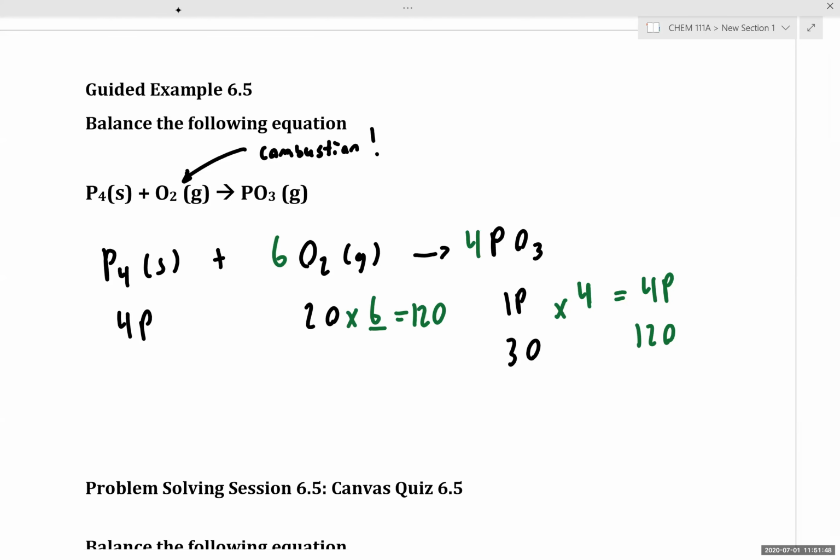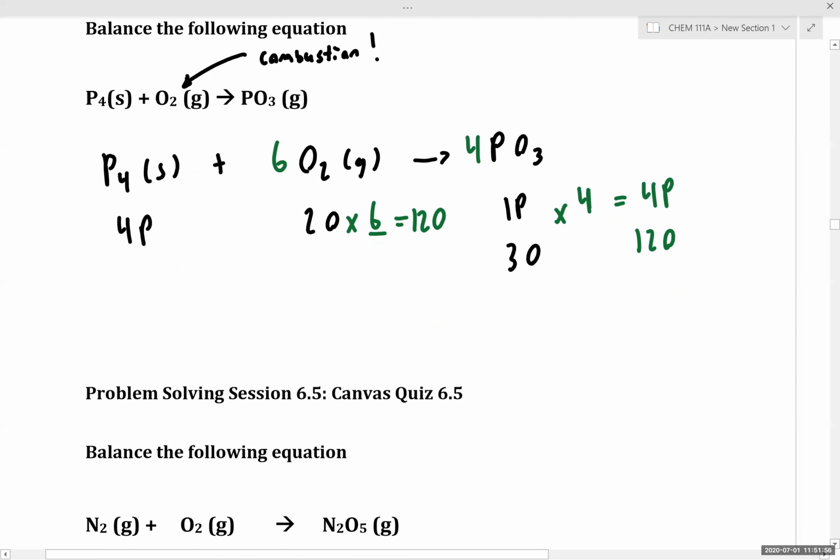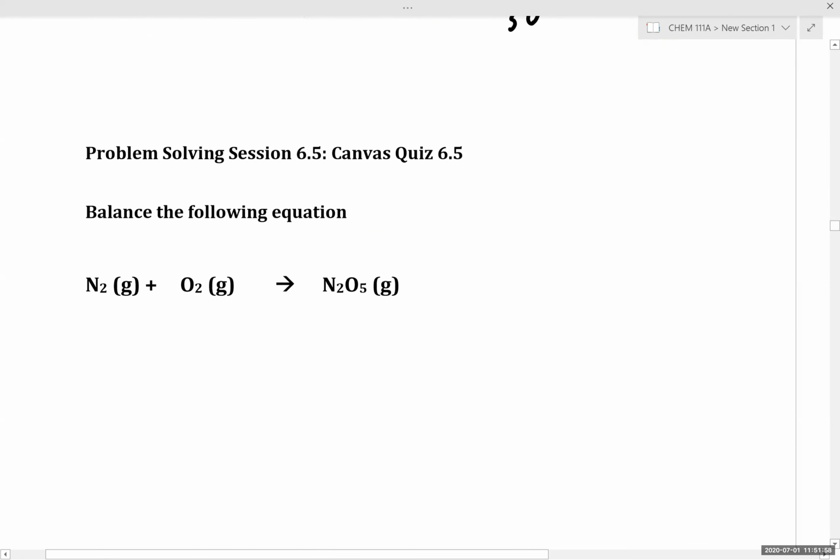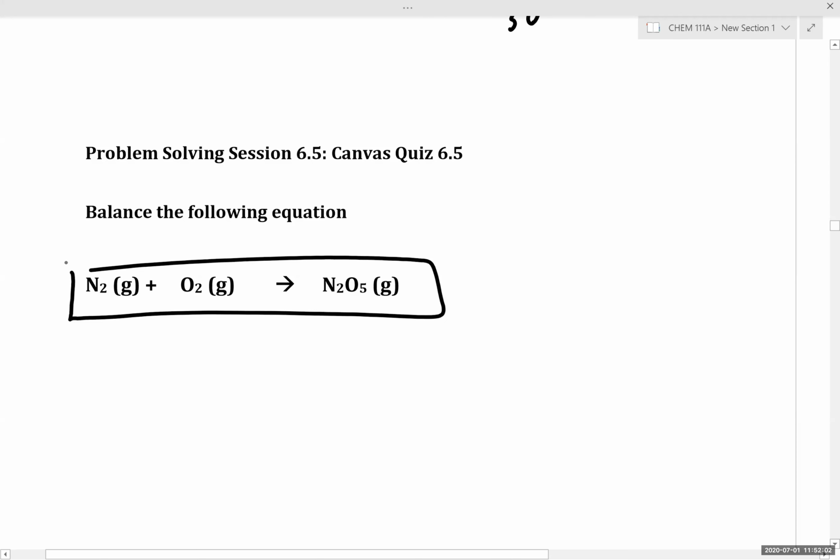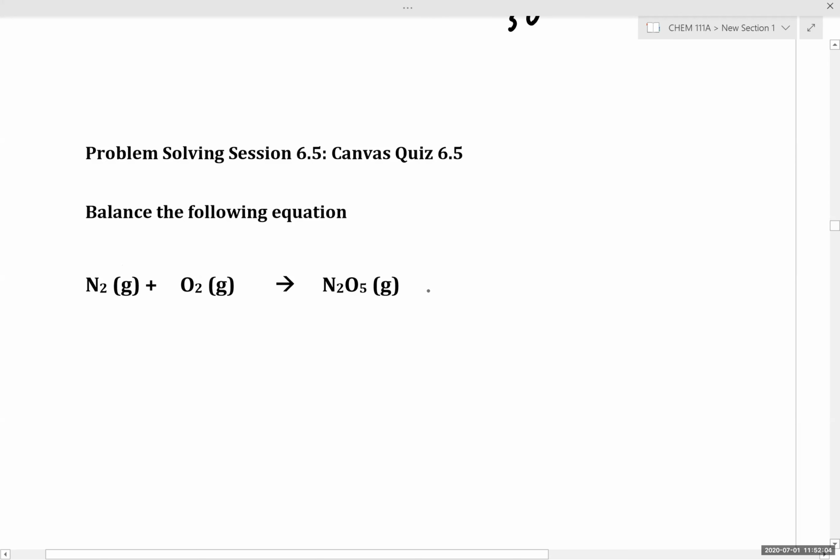Let's try to apply half notation to another example. So I'd like you to take a look at the following problem, and I'd like you to try to balance the following equation using any method. You can use the least common multiple method, or you can use the half notation method.